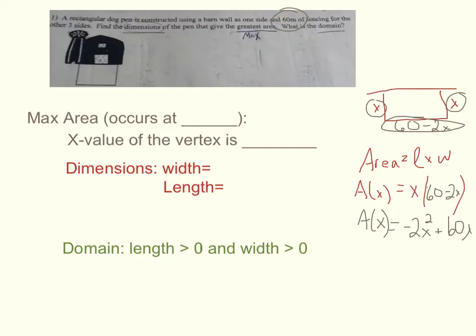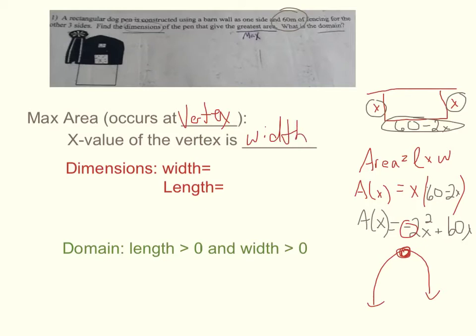Now the maximum area occurs at the vertex. That's what we're interested in. Since we have a negative leading coefficient, this parabola is going to open down, and we want to find that maximum area. The x value of the vertex is the width that gives us the maximum area.